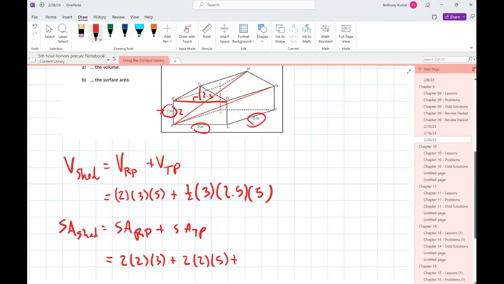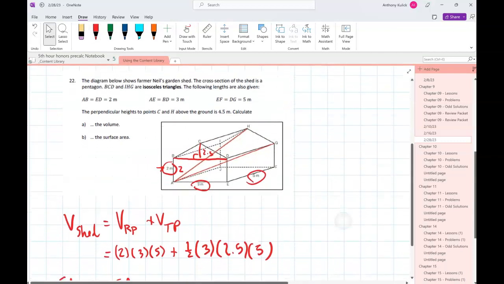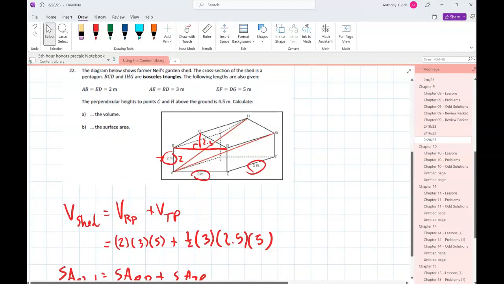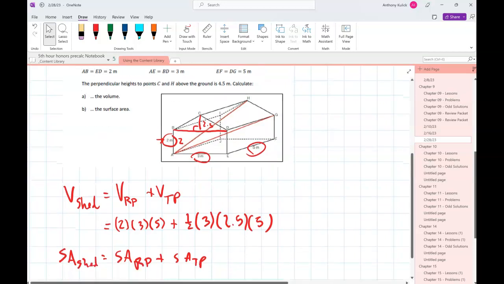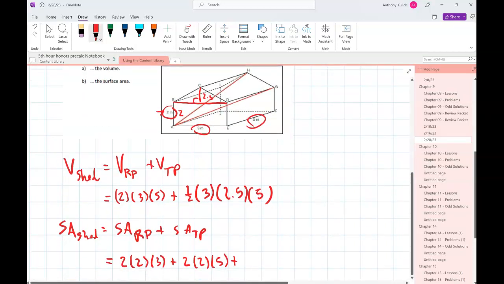And then I guess we're counting the bottom. Do we count the bottom? It's a shed on the ground. Braden says yes, if you want to get the answer in the back, you need to count it. But we don't count the top because the triangular prism is sitting on top of it. So that's why that one's not multiplied by 2.